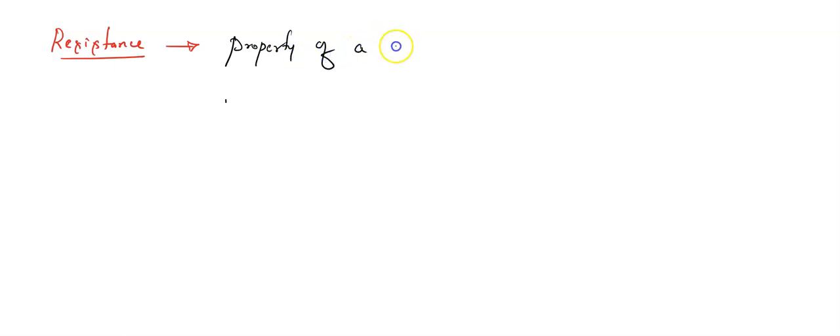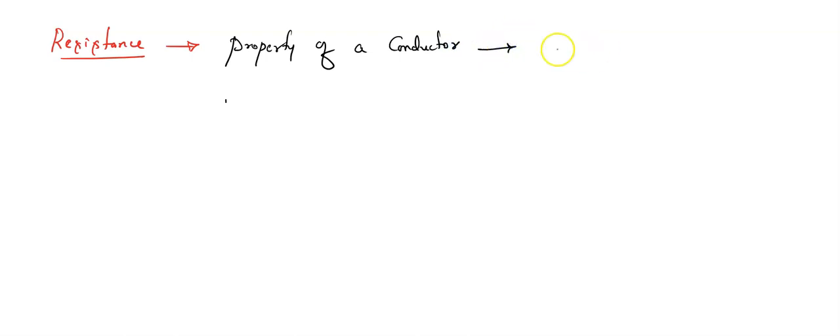Now we discuss a very important property of the electric current, that is resistance. See children, what is resistance? It is a property of a conductor. What does it do, children?